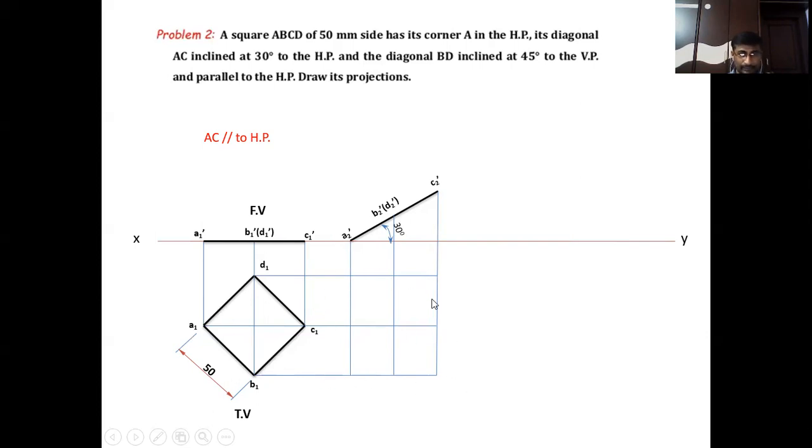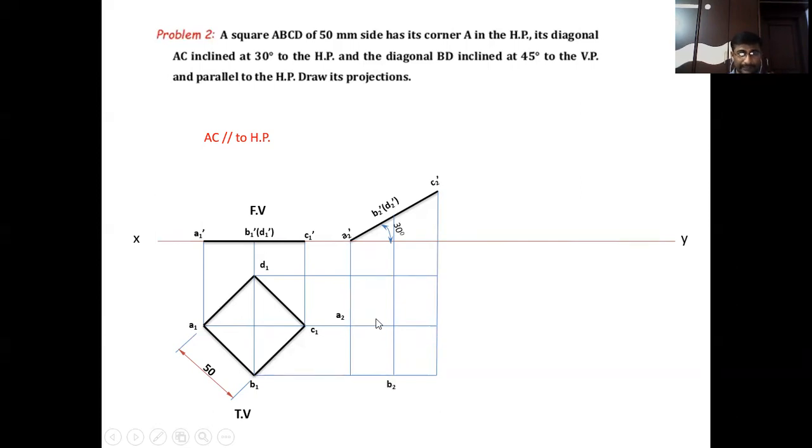Then the intersection points are the top view points of the second stage. How to get the intersection points? The projector coming from the A2 dash will be intersecting the projector coming from the corresponding A1 projector. That intersection point is A2. This point is A2.